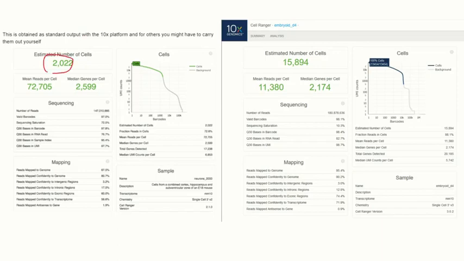In this sample, the estimated number is a little bit low, and here is a better sample, but the average reads per cell, basically how many reads have been mapped into each cell, we want this number to be higher.